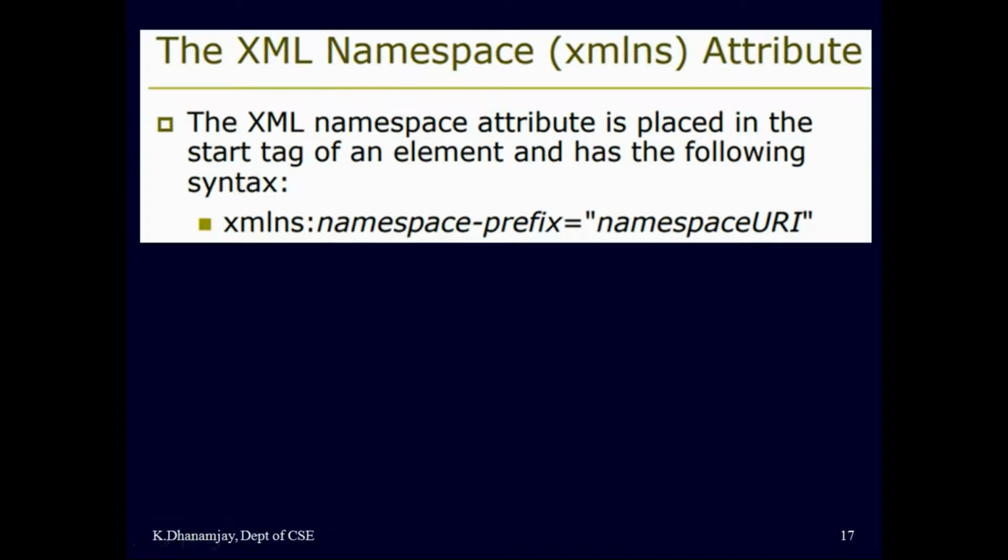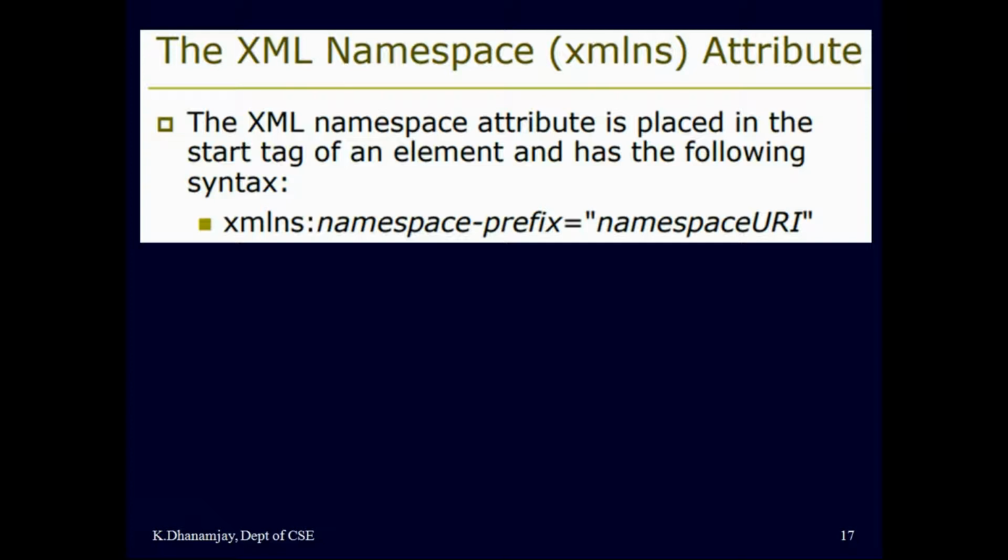Okay, and let's see the XML namespace attribute. Just now I gave information about it: the XML namespace attribute is placed in the start tag of an element and has the following syntax. When a namespace is defined in the start tag of an element, all the child elements with the same prefix are associated with the same namespace.